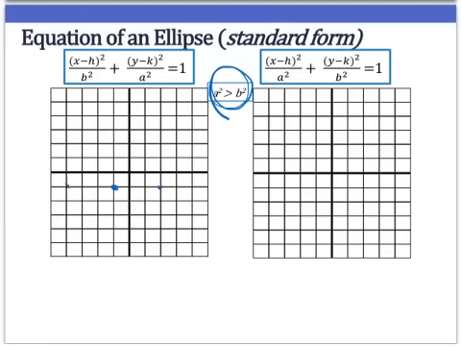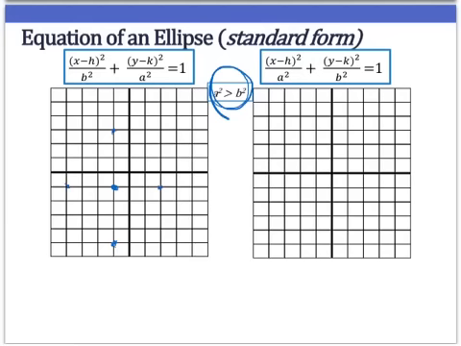Now, if we're measuring along the y-axis, that has the a squared under it, so it has to be bigger than 3. So we'll make that a 4. If it was a 3, it would make a circle, and we don't want a circle.